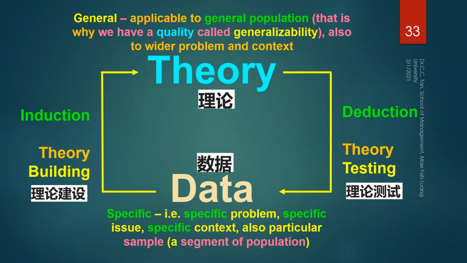So everything is about theory and data iteration. Whether you're studying human resources development, or brand management, or marketing, or business competencies, or whatever, it's all the same. So if you understand this, then you master almost every field.